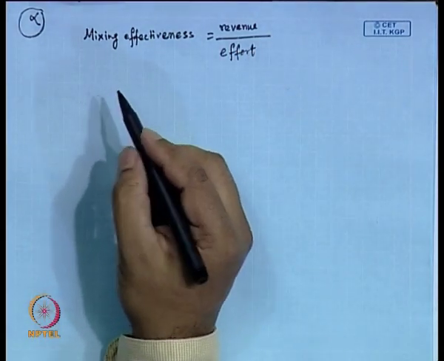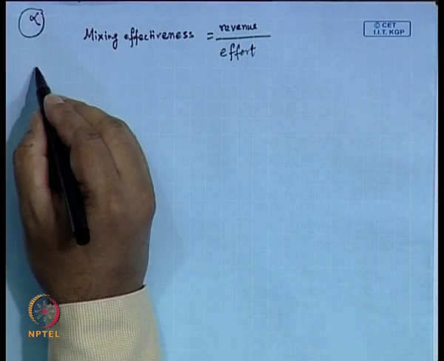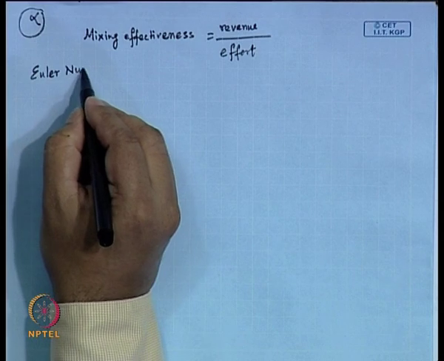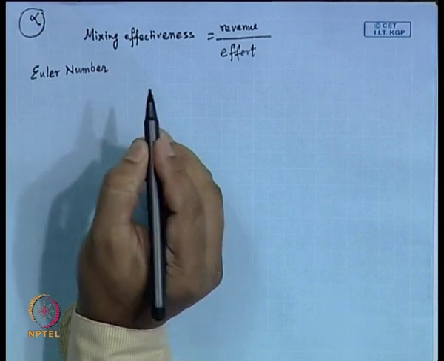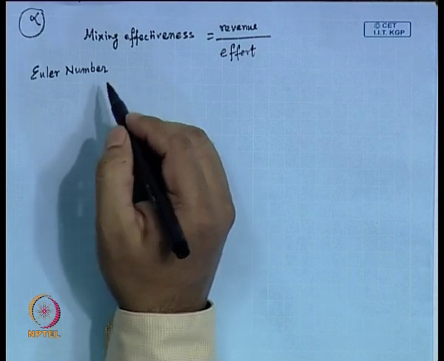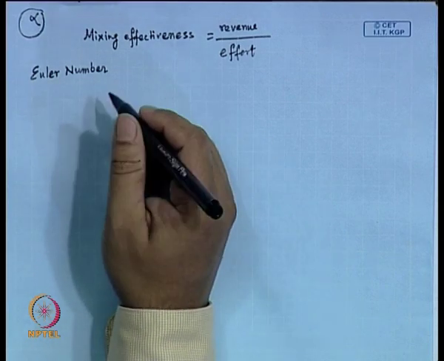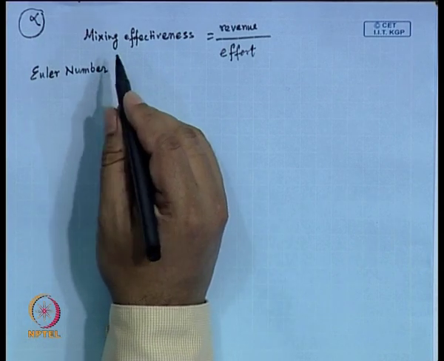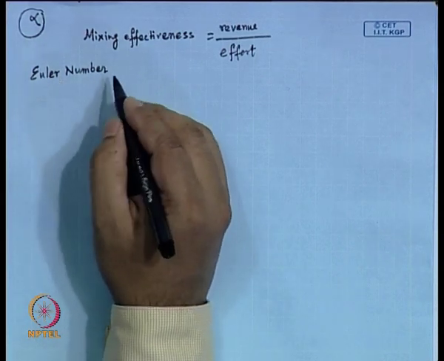Now, there is a term called Euler number in this context. This Euler number is typically used in connection with vortices. If there is a vortex, the amount of pressure drop that you have to provide is defined in terms of the Euler number.